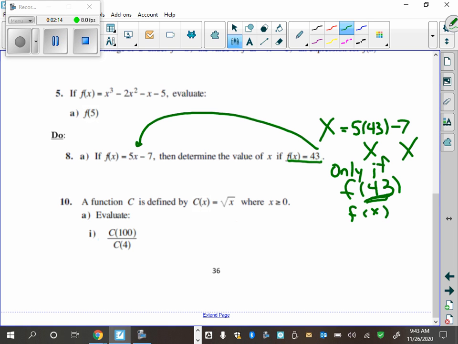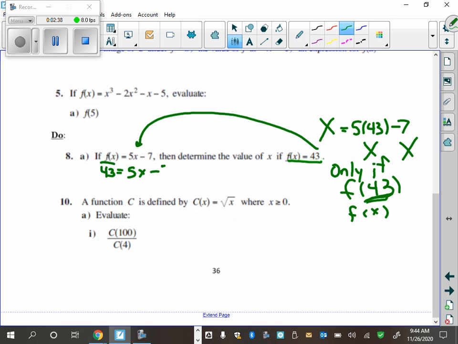This one does not say F of 43. It says F of X equals 43. So you don't do that. Half the time you do substitution in the formula, half the time you do not. So don't just do it every time, because you're going to get half of your answers wrong. This one says F of X equals 43. So this equals 43.